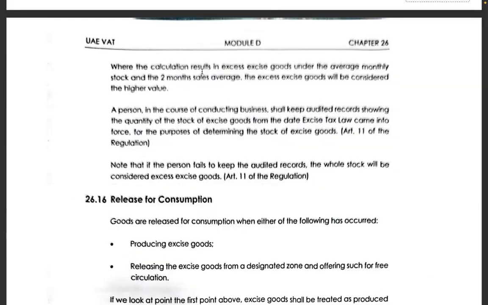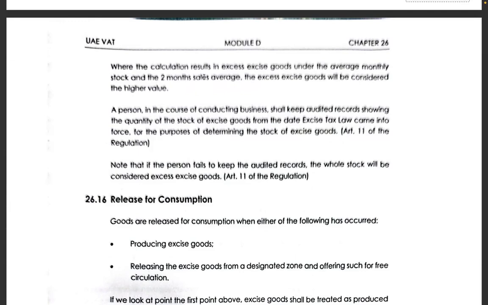Where the calculation results in excess excise goods under the average monthly stock and the 2 months sales average, the excess excise goods will be considered the higher value.